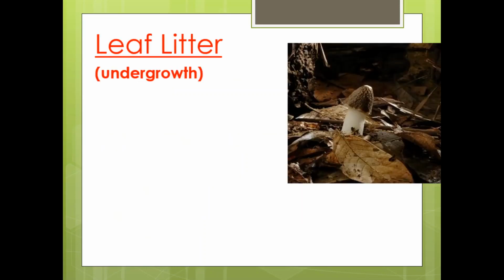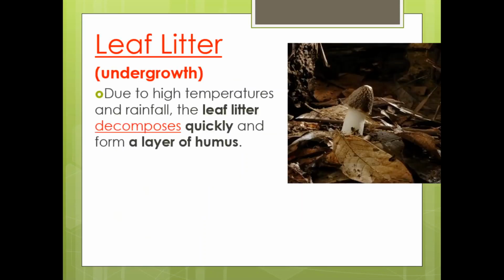And then leaf litter, as I mentioned. If you look at the diagram, these are what you see on the forest floor. There's a lot of it, of course, because the tropical rainforests have an abundant amount of trees. They shed their leaf at certain times of the year, and then they drop to the forest floor, forming the leaf litter, and then this leaf litter will decompose and form a layer of humus, which is also nutrients for the trees.